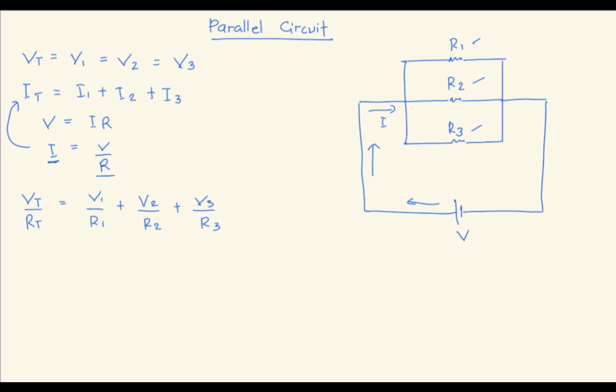Having known that the total voltage is equal to that in each of the components, this will cancel out, right? And so the relationship of the total resistance to the individual resistances is this.